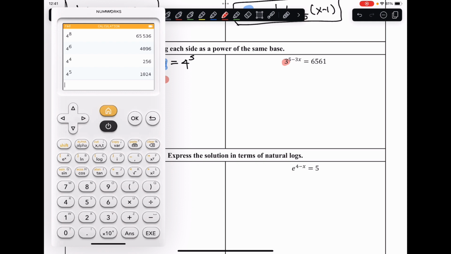So let's see, what power can 3 be raised to in order to get 6561? Let's try 9. That's way too big. So let's try 8 then. Well, let's try 7. No, that's small, so it has to be 8. So 3 to the 8th power is that. There it is. So that means I can write 6561 as 3 to the 8th.